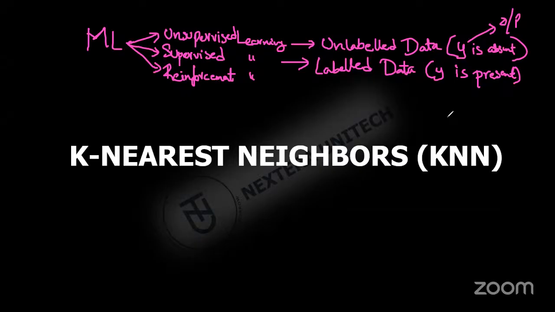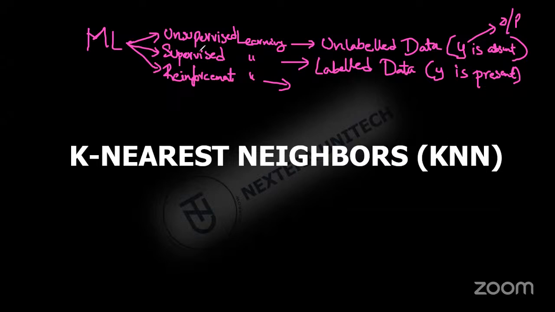Within the data, if I have an output column, then we use supervised learning algorithms. Then what about reinforcement learning? It is not about labeled data or unlabeled data. The model gets trained based on its rewards. So this is completely a different set that we have under machine learning.